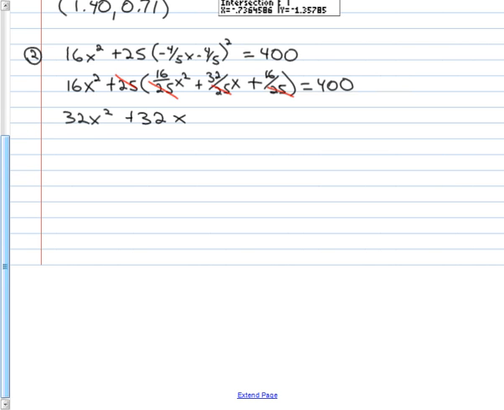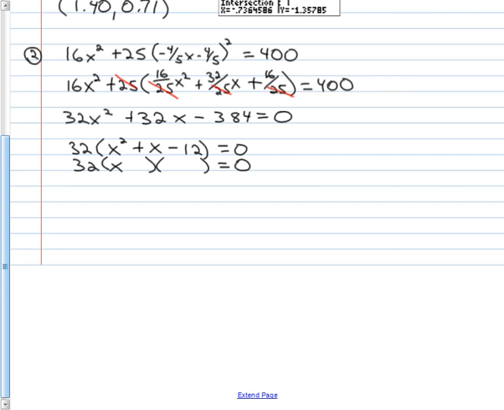Then if I subtracted 400, negative 384. So I've got this thing all set equal to 0. Hey, I wonder if 32 goes in everything. 384 divided by 32. Can we factor out that 32? Beautiful. So if I factored out the 32, I have x squared plus x minus 12 equals 0. And that allows us, hopefully, to factor this thing.